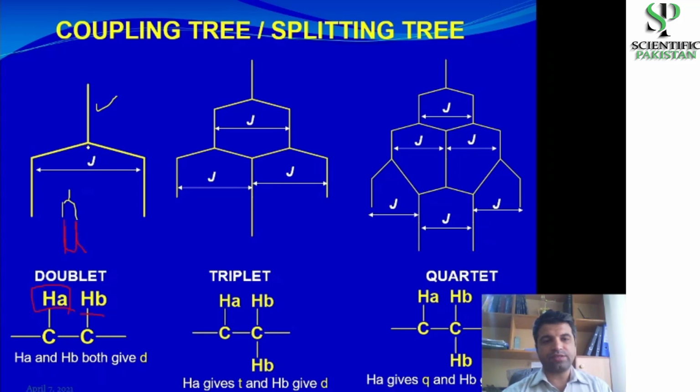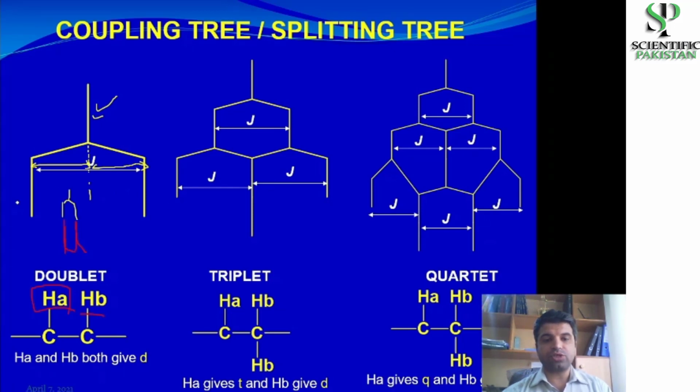So if you take its center here, this center is equidistant from the left and also from the right, right? So the distance from the center to the left peak and to the right peak is exactly similar, which means that this single line was split equally to the left and to the right, giving rise to two peaks, which are the peaks of the doublet, or the arms of the doublet.